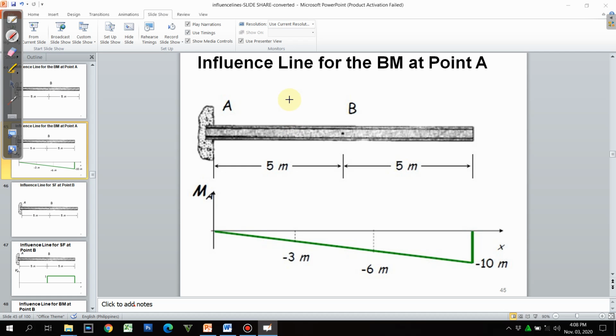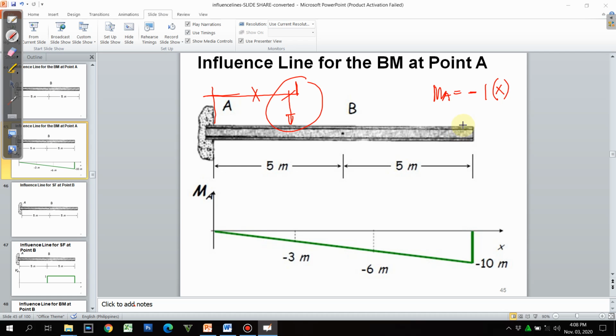So if we're going to place here, remember that 1 will cause a rotation as it moves away from A. So whatever the value of x here, your ME is equal to negative 1 times x.